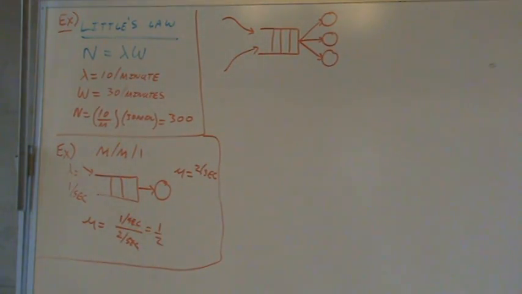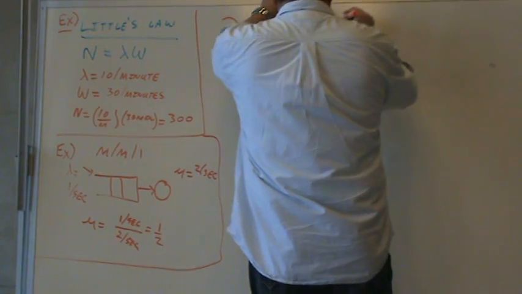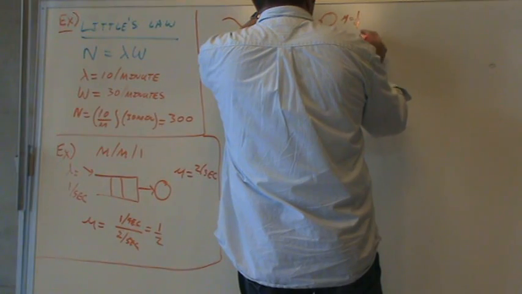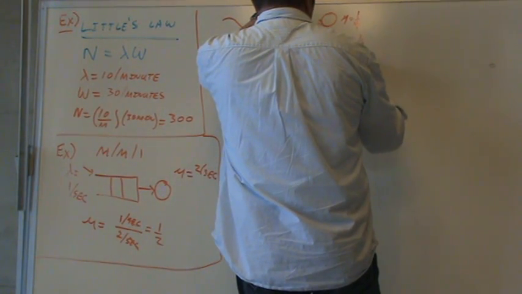And each of the servers individually, the mu for this one was 1/4, the mu for this one was 1/4, and the mu for the last one was 1/4.